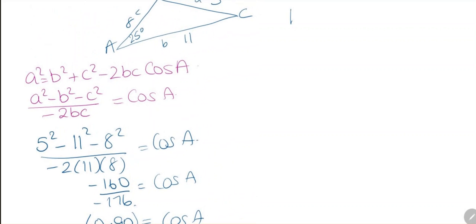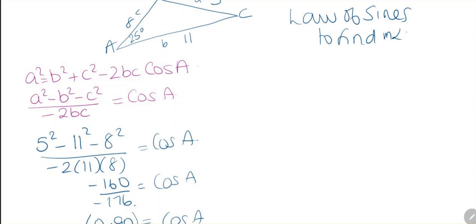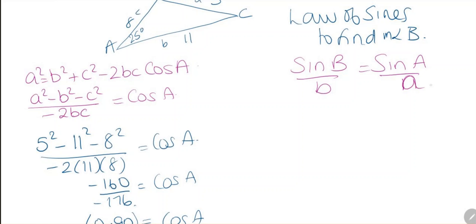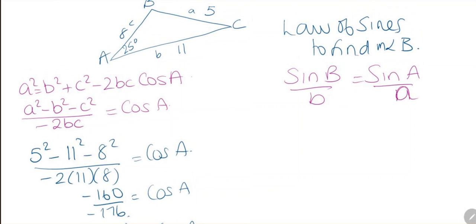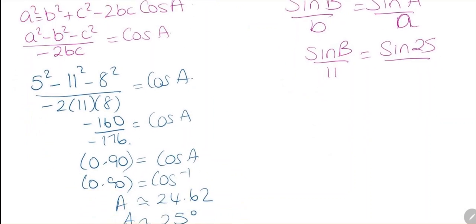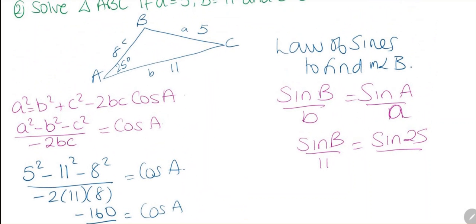So we can now use the law of sines to find the measure of angle B. So we can do sine of B over little b is the sine of A over little a. So the sine of B over 11 is the sine of 25 over 5.